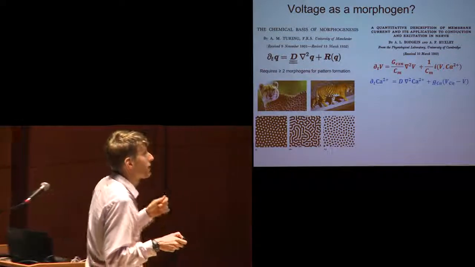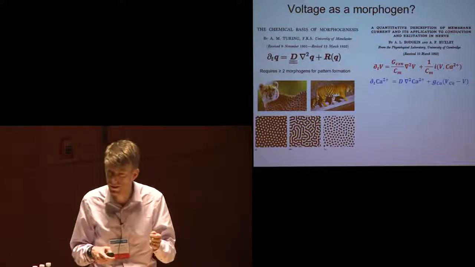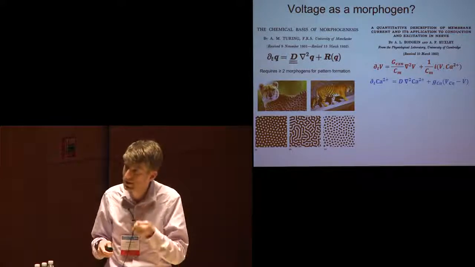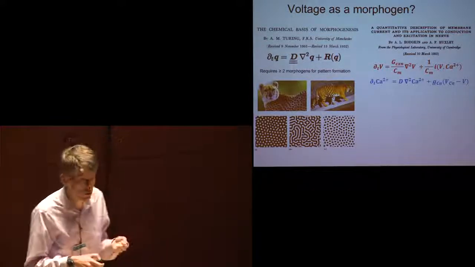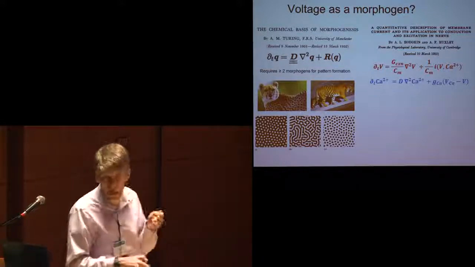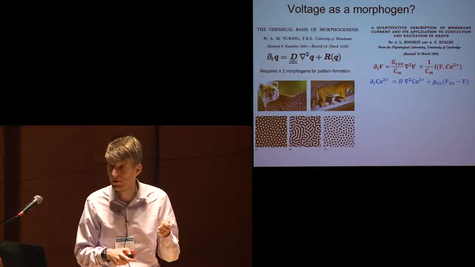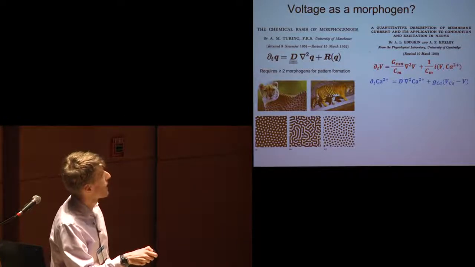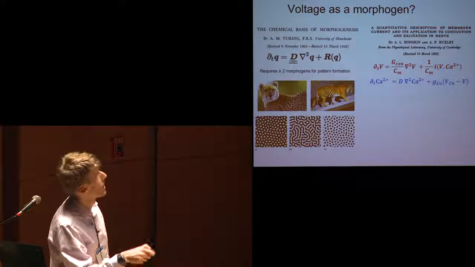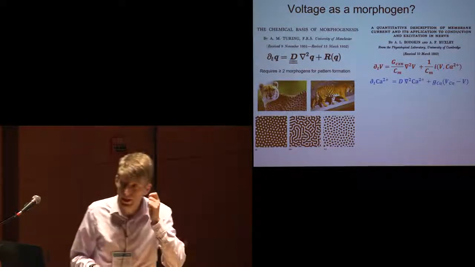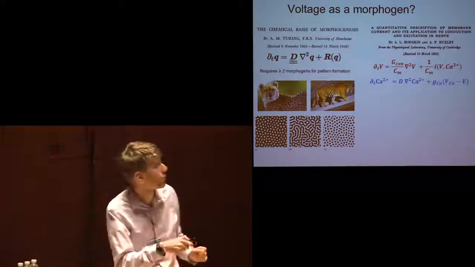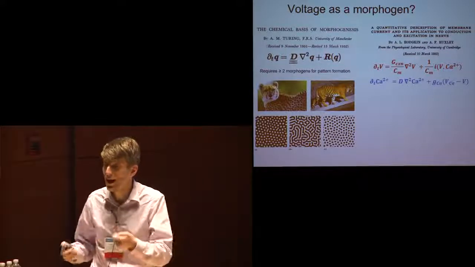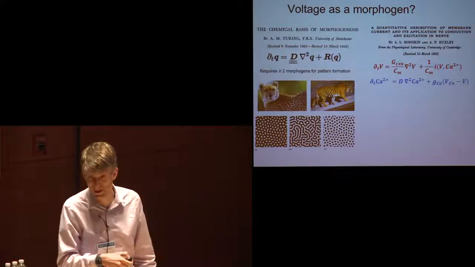If you look at the Hodgkin-Huxley equations, they actually have exactly the same mathematical structure as the reaction diffusion equation from this Turing model. So here you have a first derivative with respect to time is equal to a second derivative with respect to space plus some nonlinear term. Now, if you have only voltage, we know that you cannot get stable patterns like this.